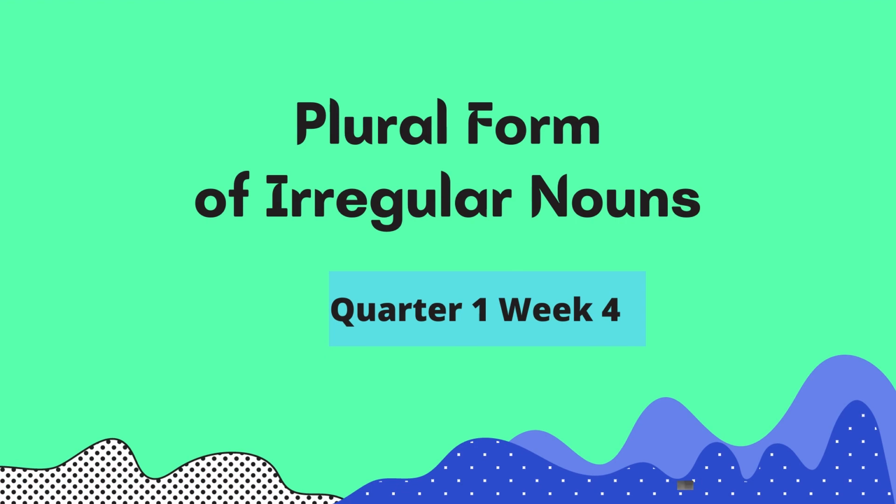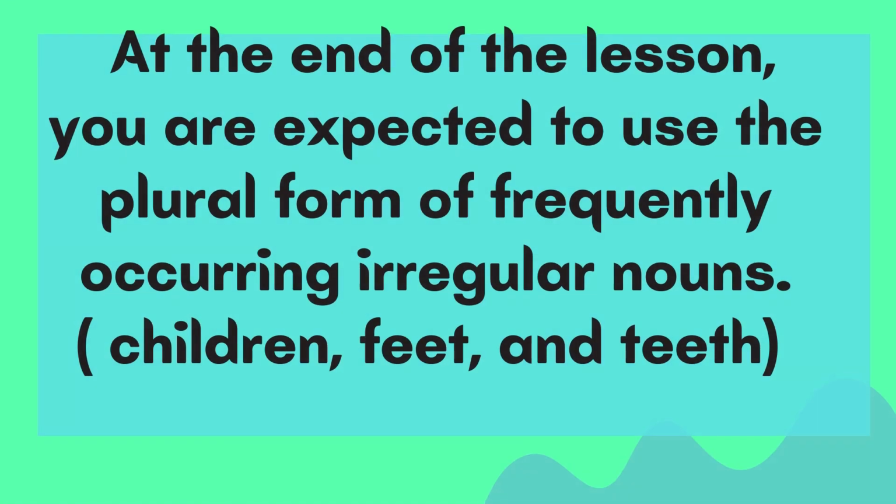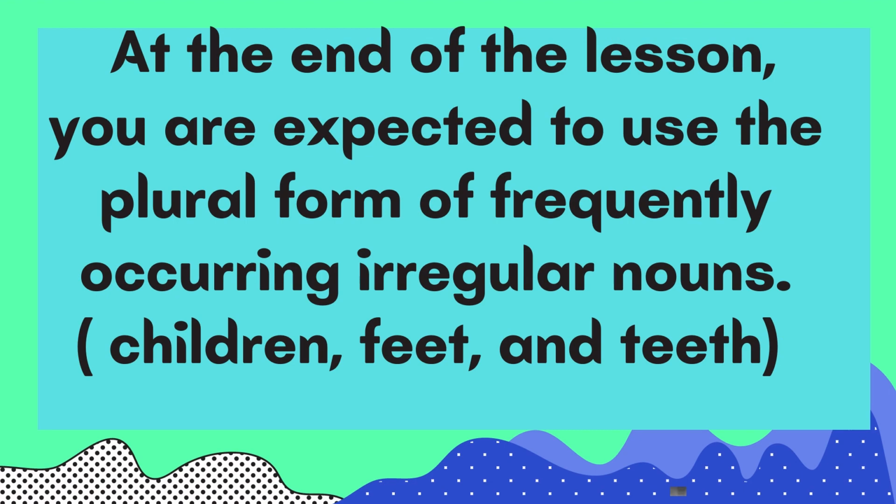Part also of your lesson this week is about plural form of irregular nouns. At the end of the lesson, you are expected to use the plural form of frequently occurring irregular nouns. Examples, children. So it is wrong to say children's.